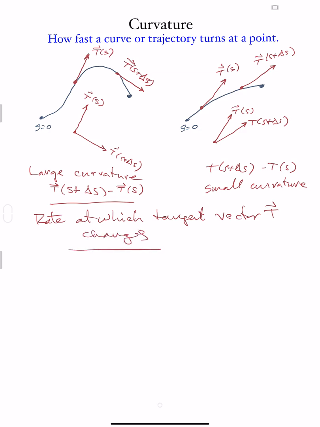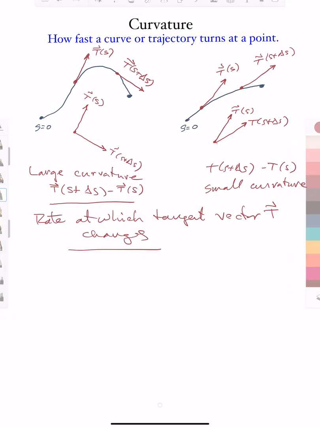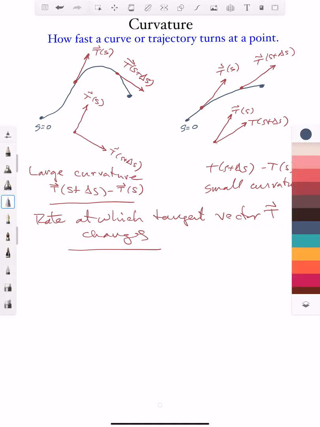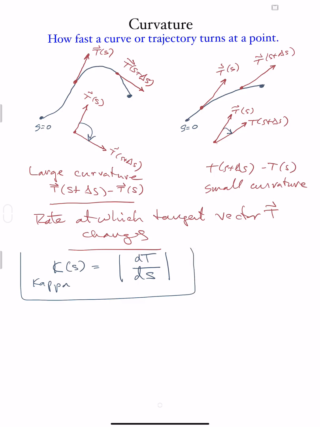So we can see in this particular case with a steep curve, I end up with a large curvature, and here I end up with a small curvature. What we're going to do is call that value kappa, a Greek letter, which is the magnitude of the rate at which the tangent vector changes. Okay, so that's our definition.